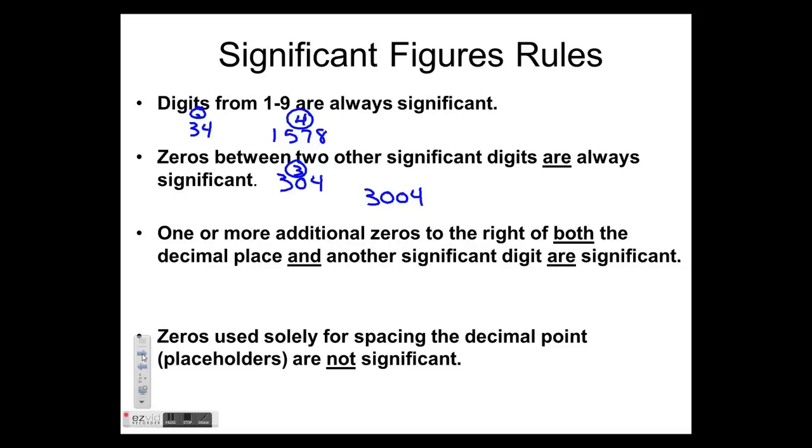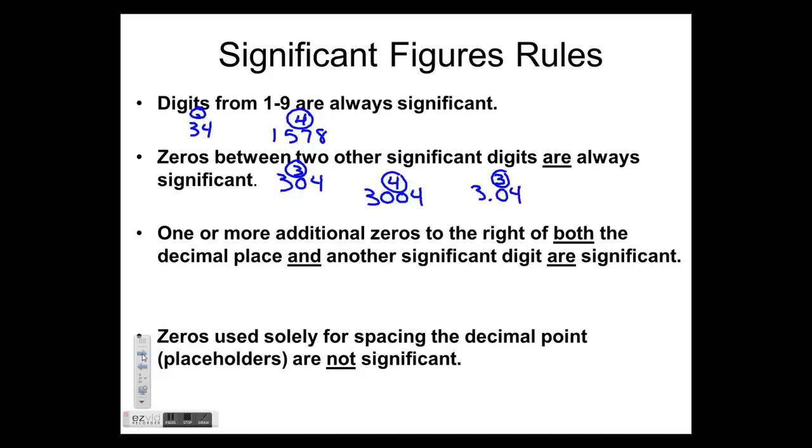Well, are the zeros between 2 digits that are significant? Yes, they are. So this one will have 4 significant digits. What if I had, let's say, 3.04? Okay, the 3 and the 4 count, obviously. Does the 0 count? Well, is it between 2 digits that count? Yes, so it counts also. Okay, so 3.04 has 3 significant digits.